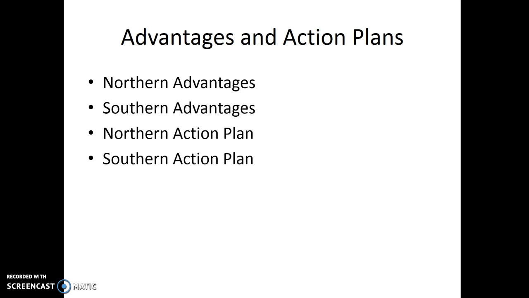Now, the Northern Action Plan versus the Southern Action Plan, this is a big difference here, because if the North wants to win this war, they have to conquer every single southern state that left. They can't just leave one stone unturned. They have to go after every southern state that left. At the same time, the South isn't trying to conquer the North.